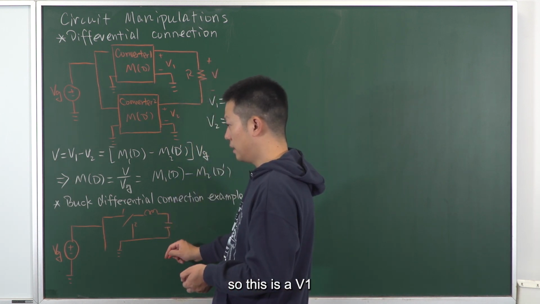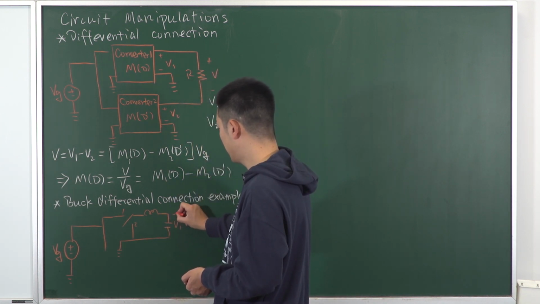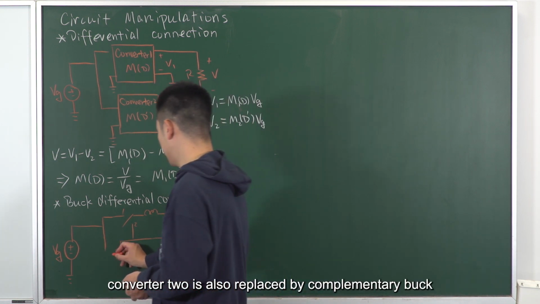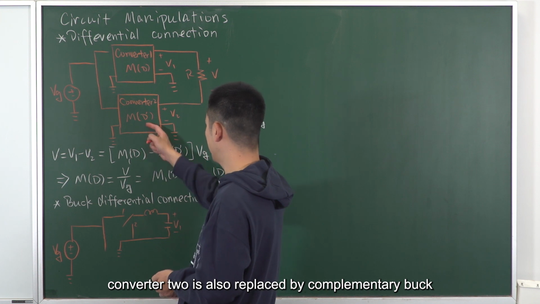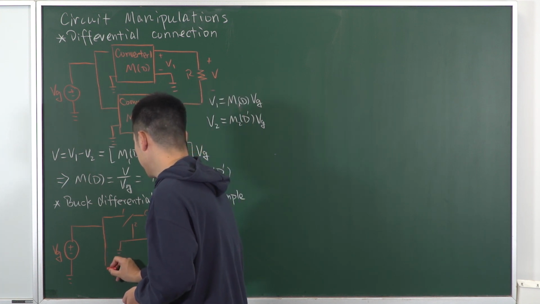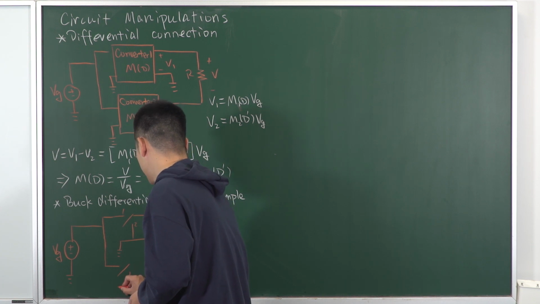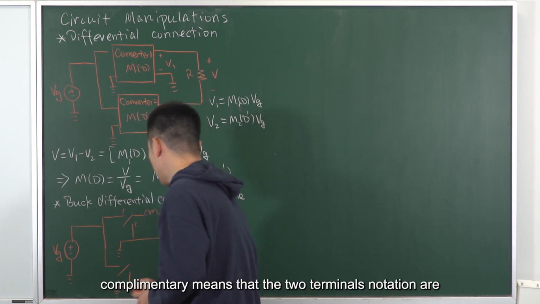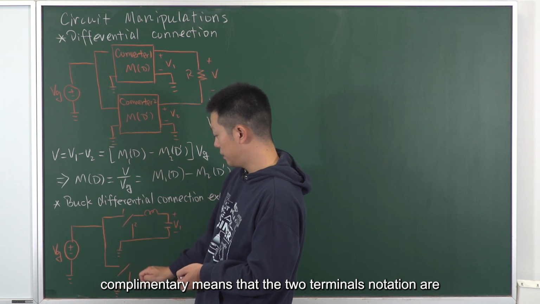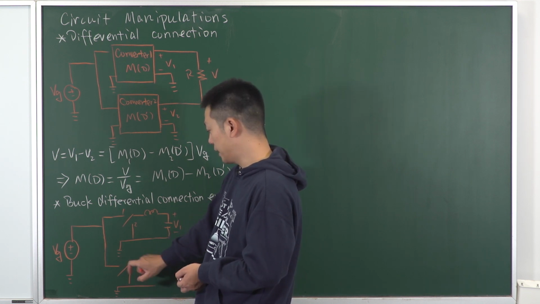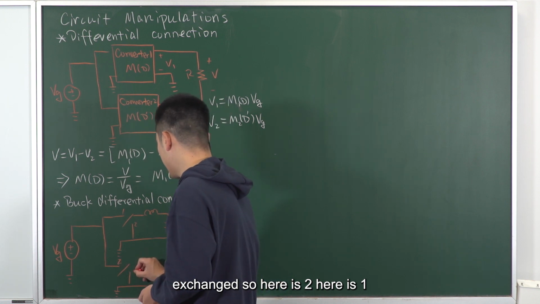So this is V1. Converter 2 is also replaced by a complementary buck. Complementary means that the two terminal notations are exchanged. So here is 2, here is 1.